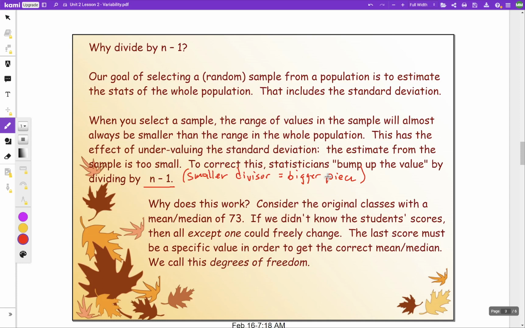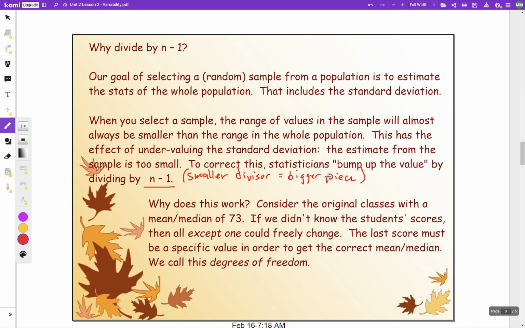Which I know I wrote on your test recently that that's not an appropriate statistical reason. But in the beginning of stats, when they had literally nothing else to go on, it was what they had. Statisticians compared the standard deviations of samples to the standard deviation of the entire population.